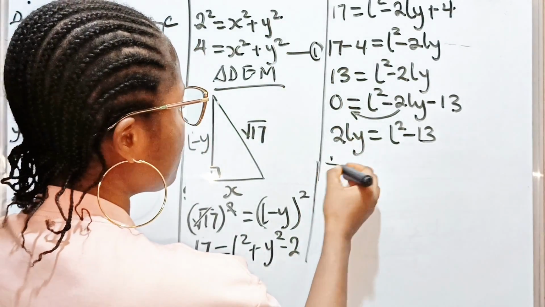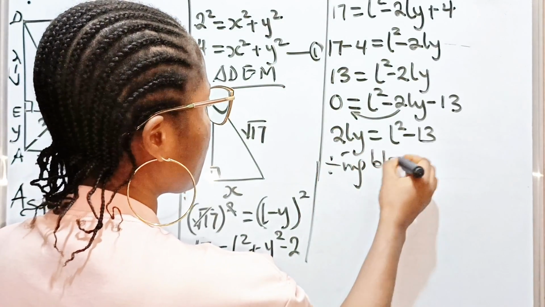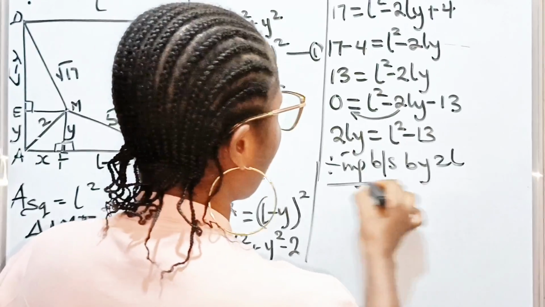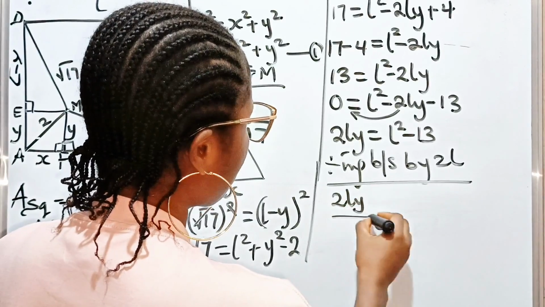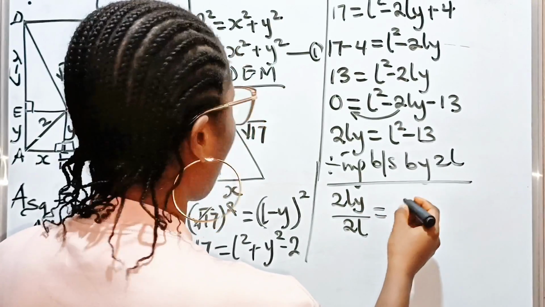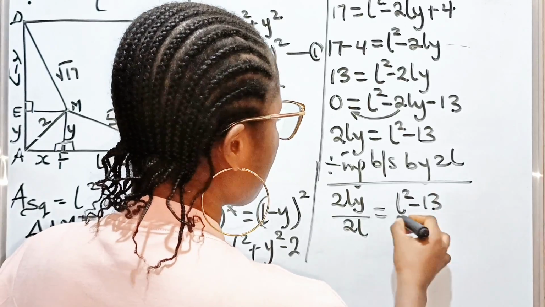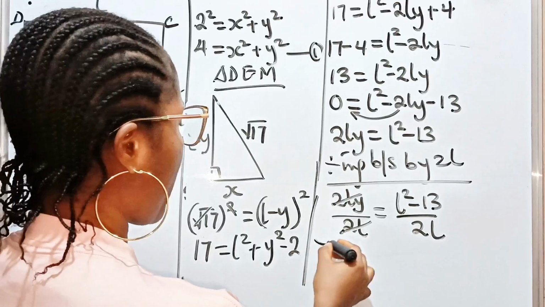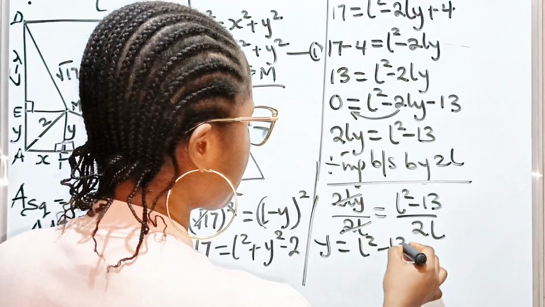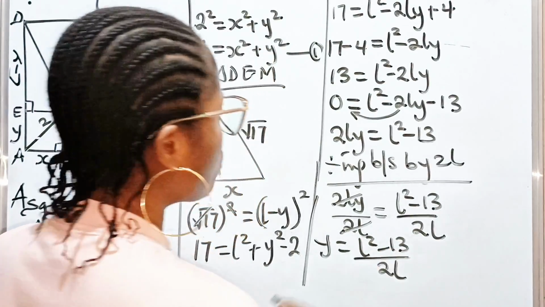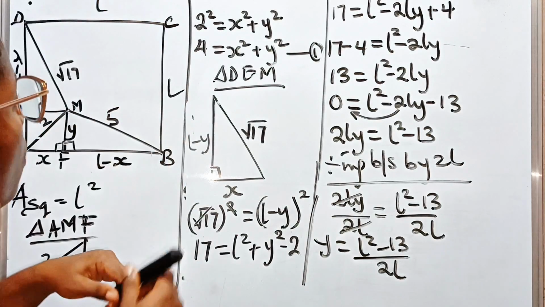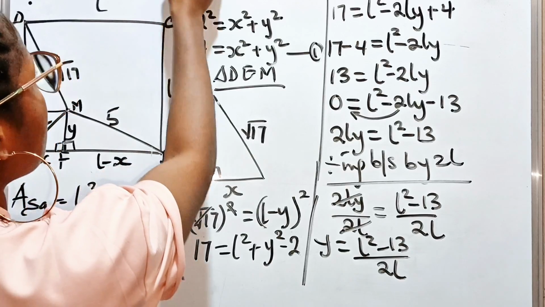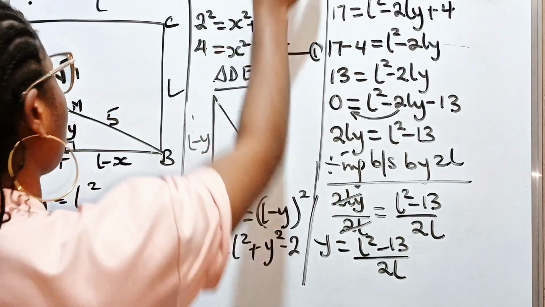Now dividing both sides by 2l, we have 2ly divided by 2l is equal to L squared minus 13 divided by 2l. So we have y is equal to L squared minus 13 divided by 2l. I'm going to write it somewhere: y is equal to L squared minus 13 divided by 2l.